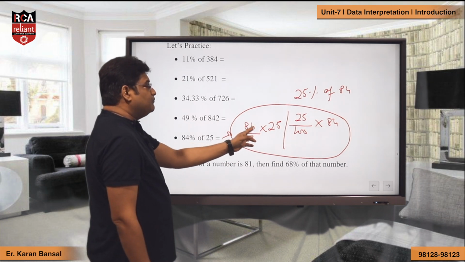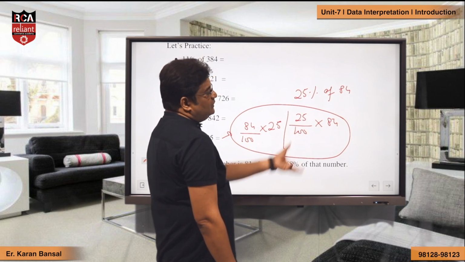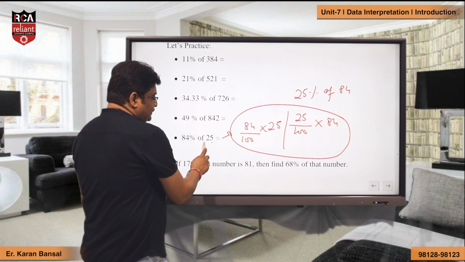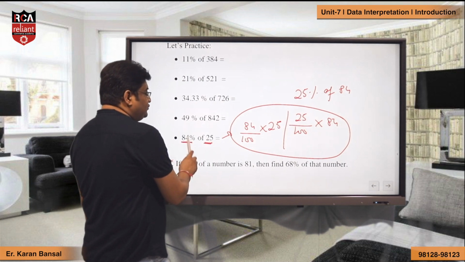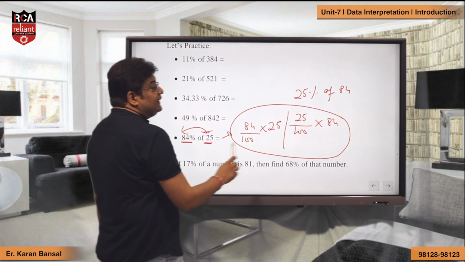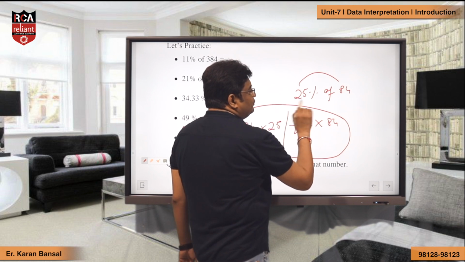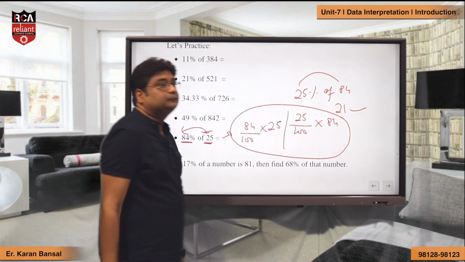You can multiply a number beforehand or afterwards, the result will be the same. So what I do normally in exams is, if this number is comfortable, instead of taking this as the percentage, I interchange these. So I'll find 25% of 84. 25% is 1/4. 1/4 of 84 will give me 21, and I'm done.